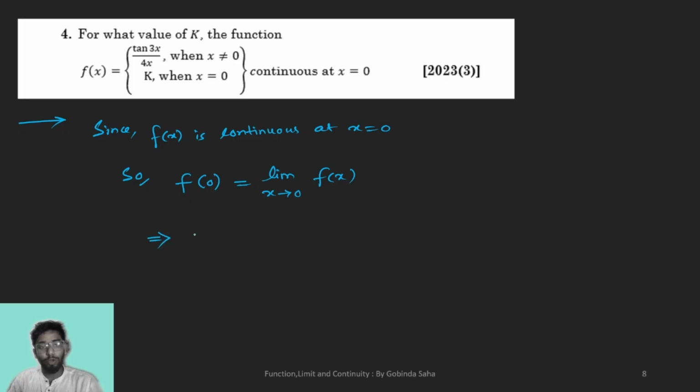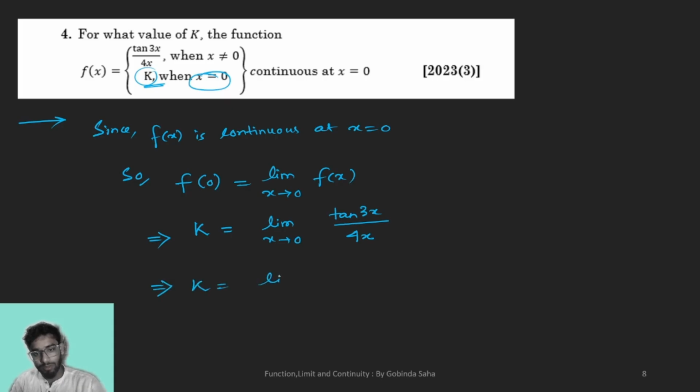Now try to put the value of f(0). See, f(0) is nothing but the value of f(x) when x equals 0. So when x equals 0, the value of f(x) is nothing but k. And here we have to calculate the limiting value of f(x), that is tan 3x by 4x.